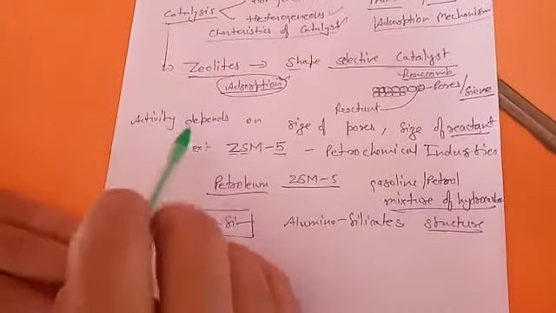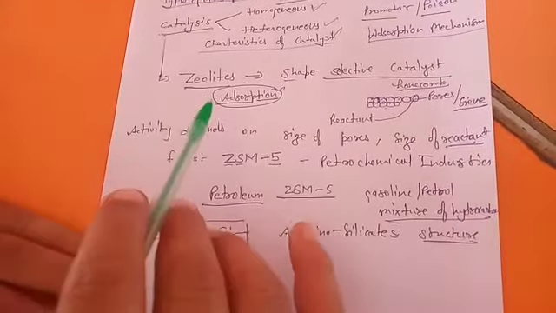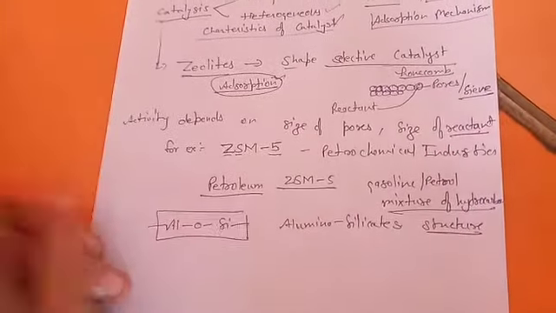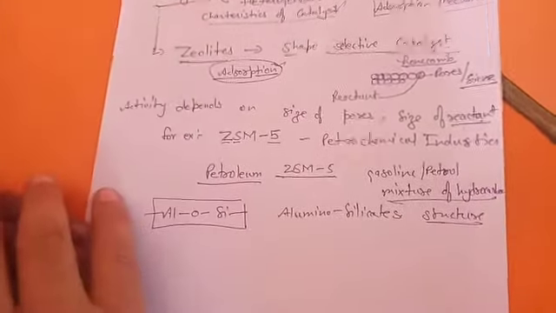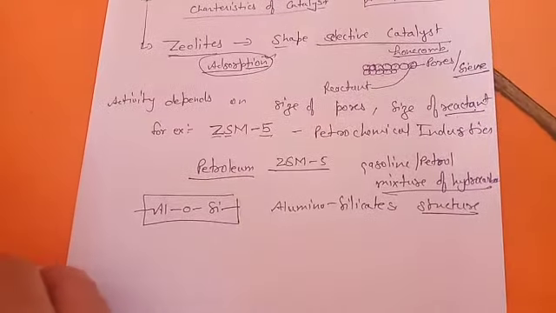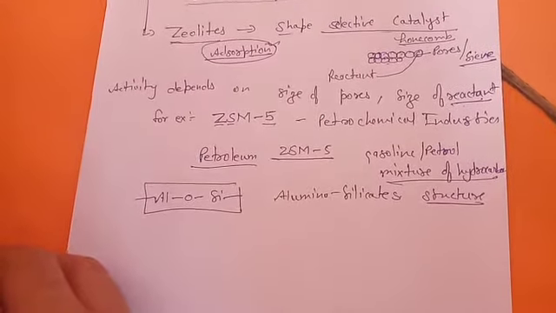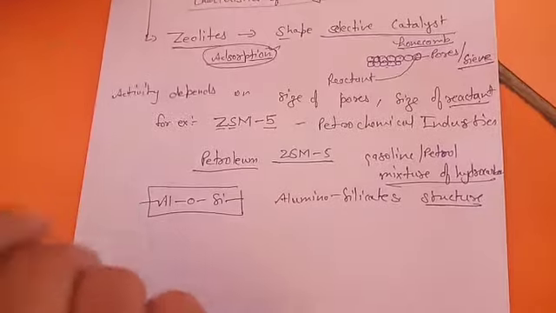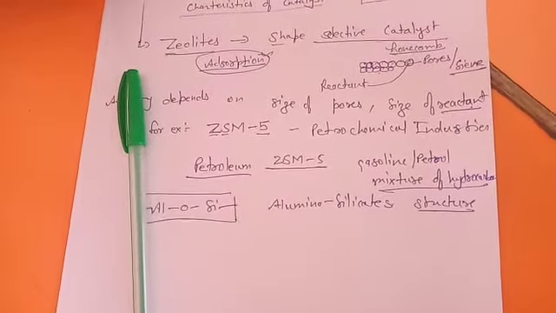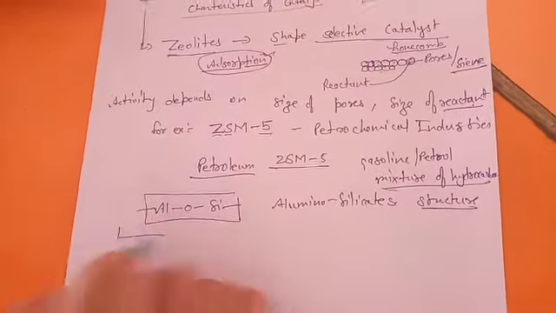So collectively, zeolites are shape selective catalysts whose activity depends on the size of pores and the size of the reactants. That will be the definition. For example, ZSM5 can be used in petrochemical industries for fractional distillation of petroleum at a fast rate to convert it into different hydrocarbons. They are networks of aluminosilicates. That is all about zeolites.